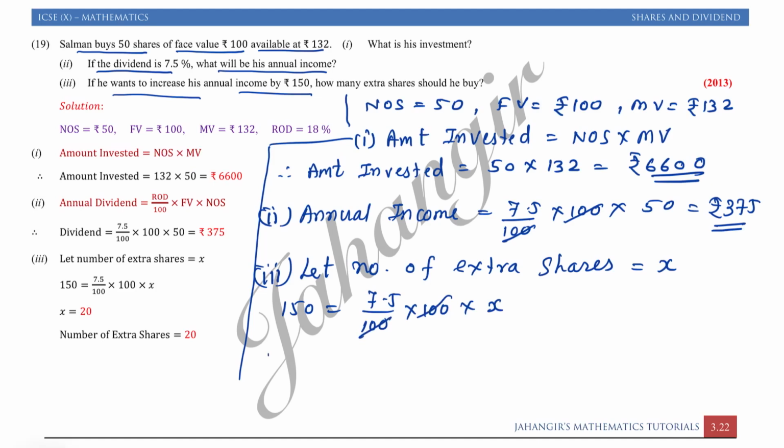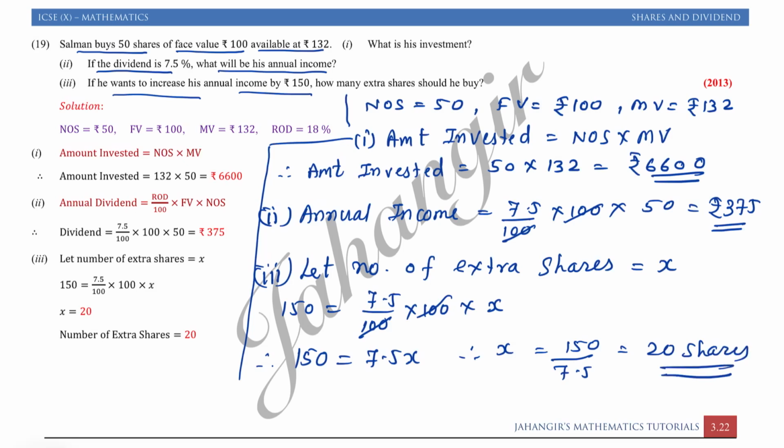Cancelling 100, you get 150 is equal to 7.5x. Therefore x is equal to 150 upon 7.5, 7.5 into 2 is 15, so 20 shares. Therefore the number of extra shares bought is 20.